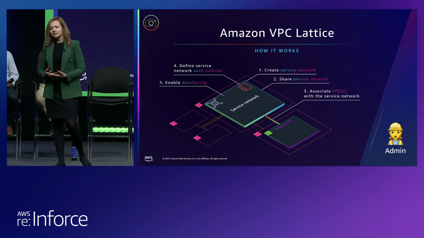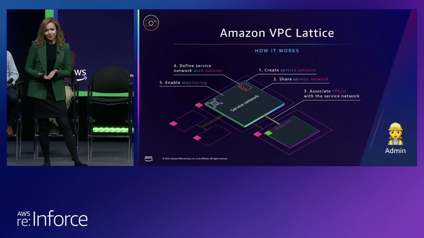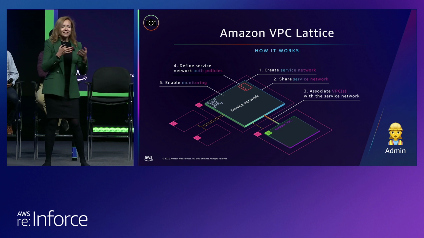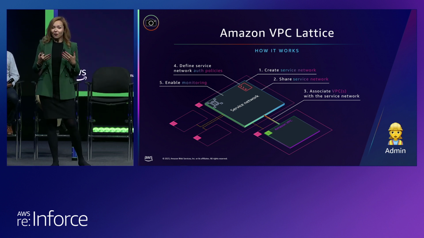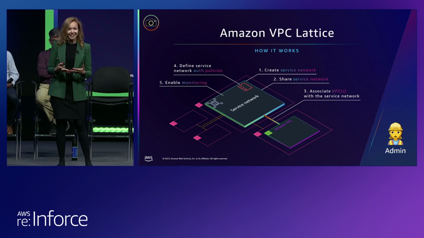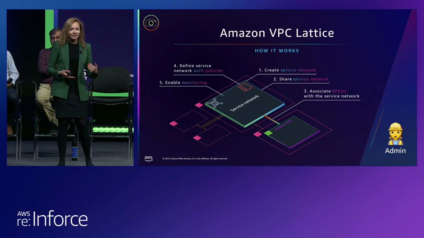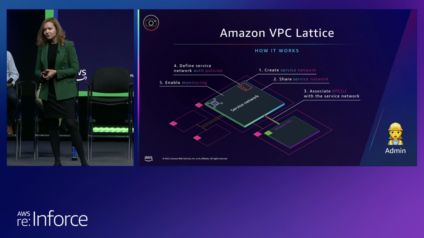And the same access logs are exposed to both the admin persona and the service owner persona. So this is where these two personas now come together, and for troubleshooting purposes, they look at the same thing, right? They all see the requests, they all see the IP addresses, they all see the headers, and all the information exposed in those access logs.